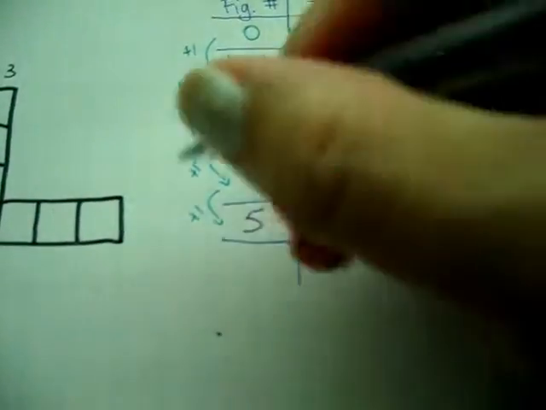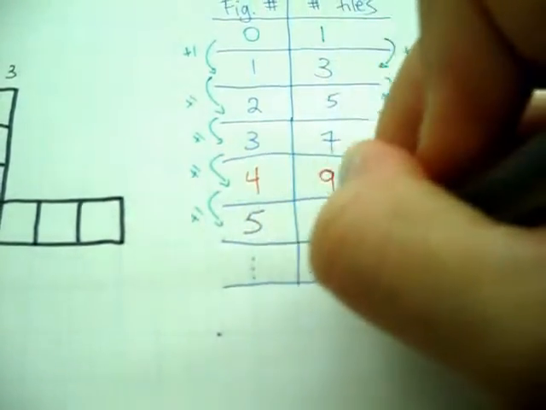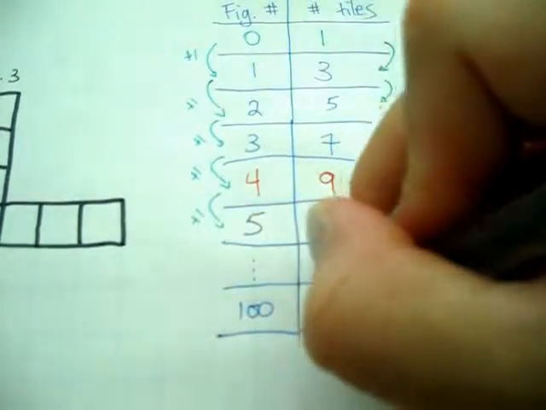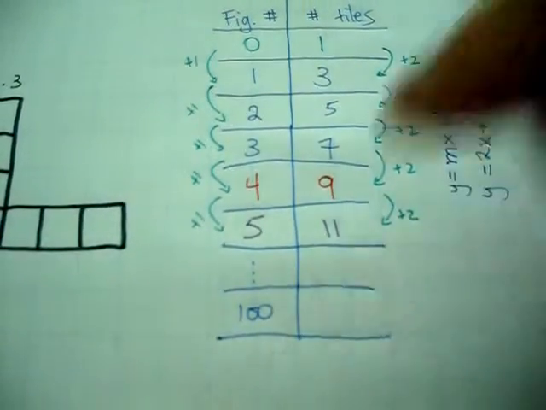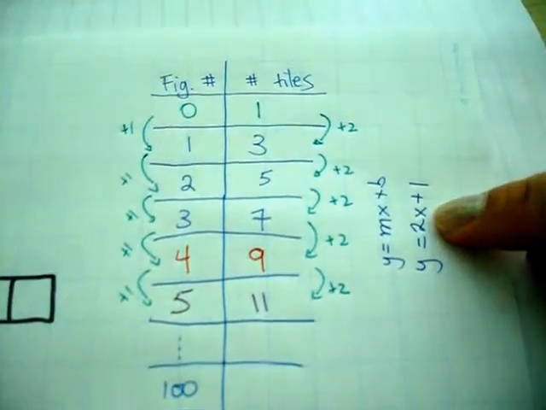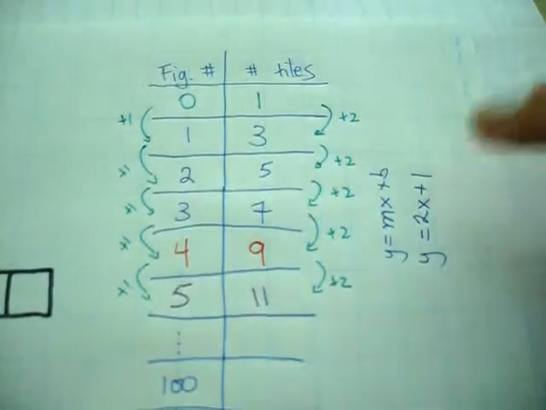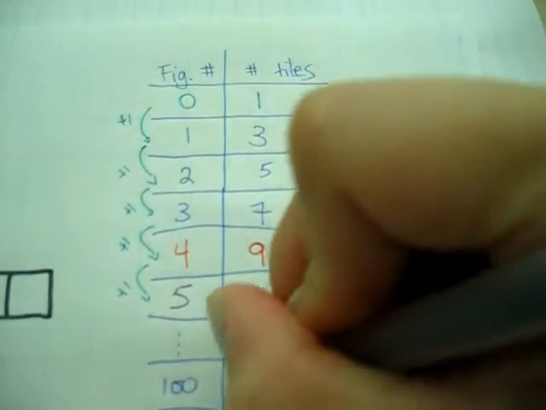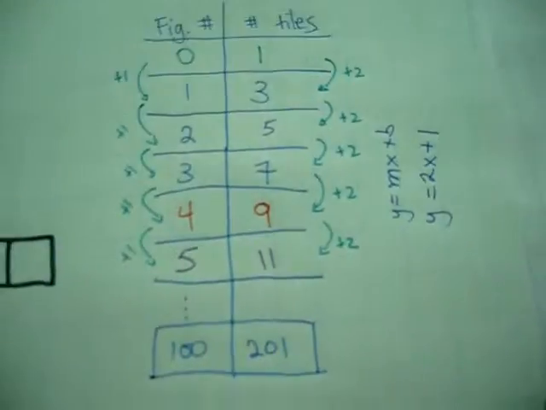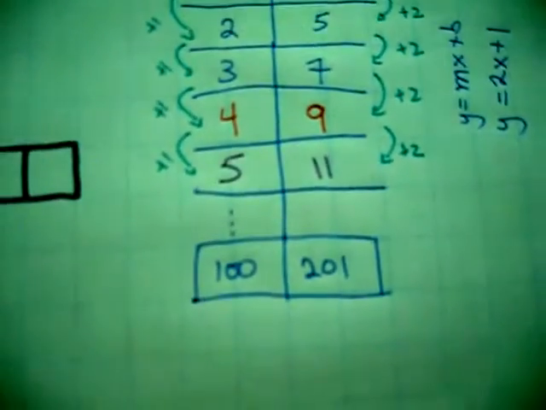So if my figure number was 100, that means the x value is 100. Multiply it by 2, according to the pattern that we found, 200, plus 1 more. That's 201. We're going to guess that there are 201 tiles in the 100th figure.